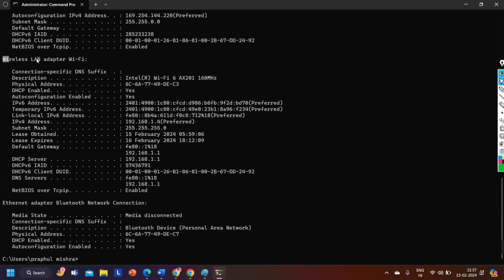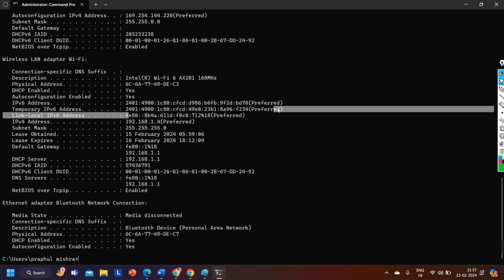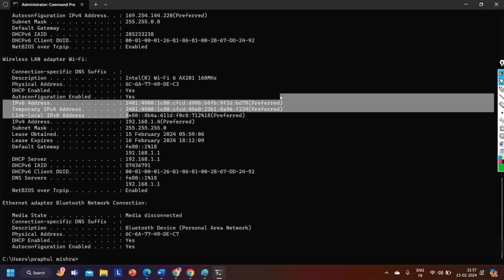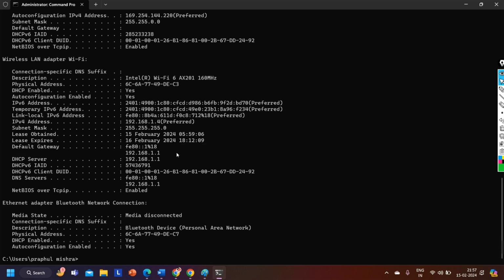You can see on all the interfaces, like the Wi-Fi and LAN adapters, what IP address is running there, guys. 192.168.1.4 is the IPv4 address. There is an IPv6 address also. Then the default gateway is 192.168.1.1.